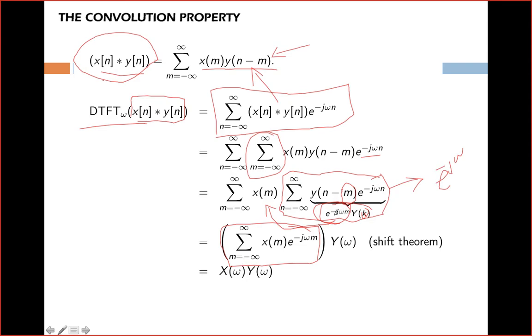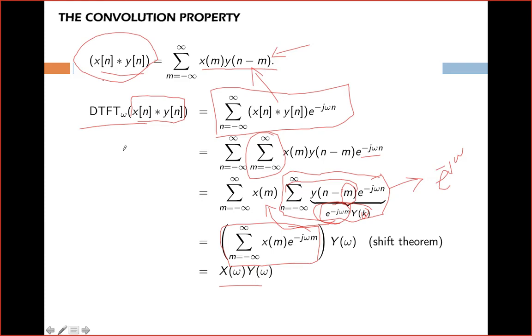The simple thing is I am going to use the time shifting property to find the Fourier transform of the second term. By introducing the time shifting property, I will get a term e power minus j omega m into y of omega. This I am going to multiply with the first summation, and I will get the DTFT x of omega. Hence I will get the result x of omega and y of omega.